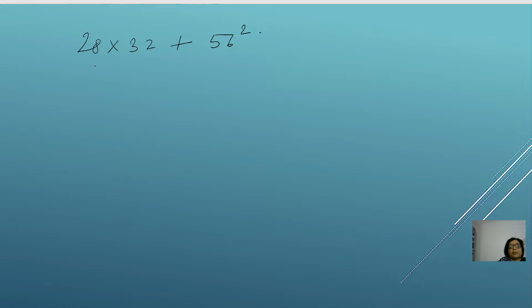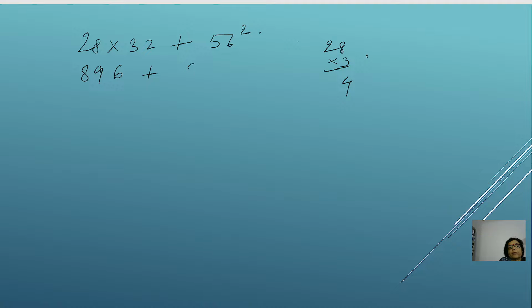So this becomes equal to 28 into 32. 28 into 2 is 56, carry over 5. And 28 into 3 is 84, plus 5 is 89.